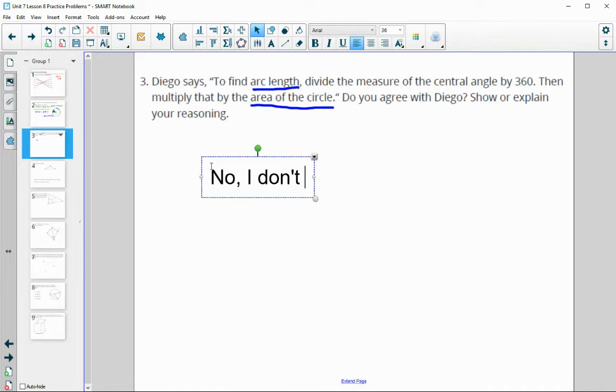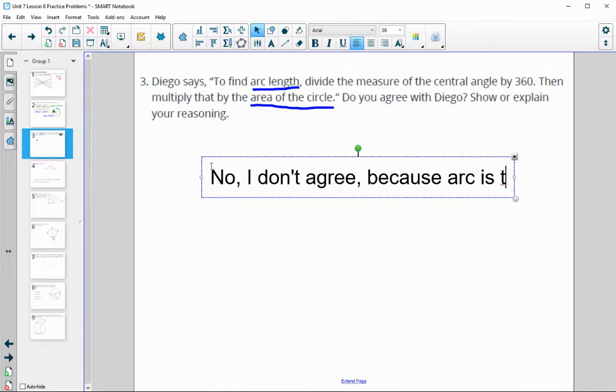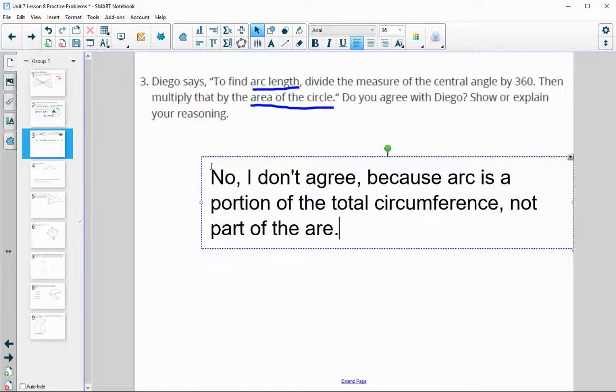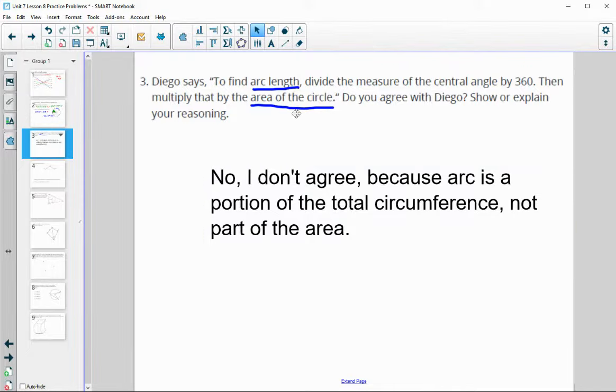So no, I don't agree, because arc length is a portion of the total circumference, not part of the area. So multiplying by the circumference instead. If we wanted to change what he was saying, we would want this to say circumference.